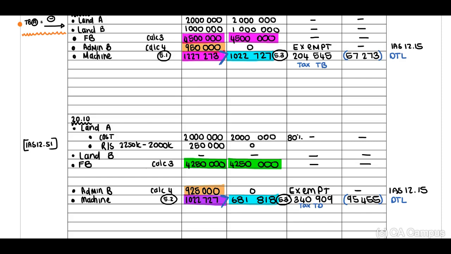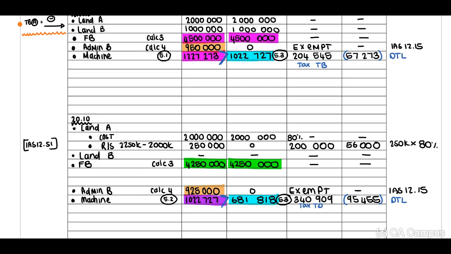And this will be your 250,000 times 80% that you need to include. This is 200,000, and you need to include your deferred tax, the 200,000 times 28%, and this will be 56,000.